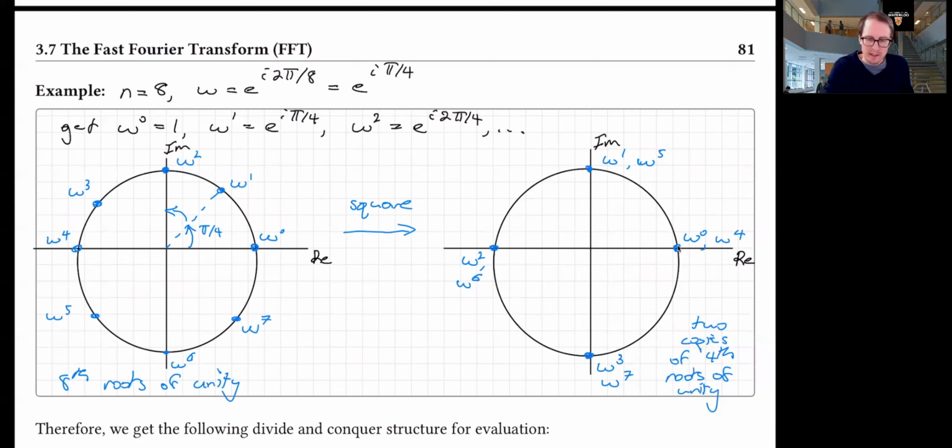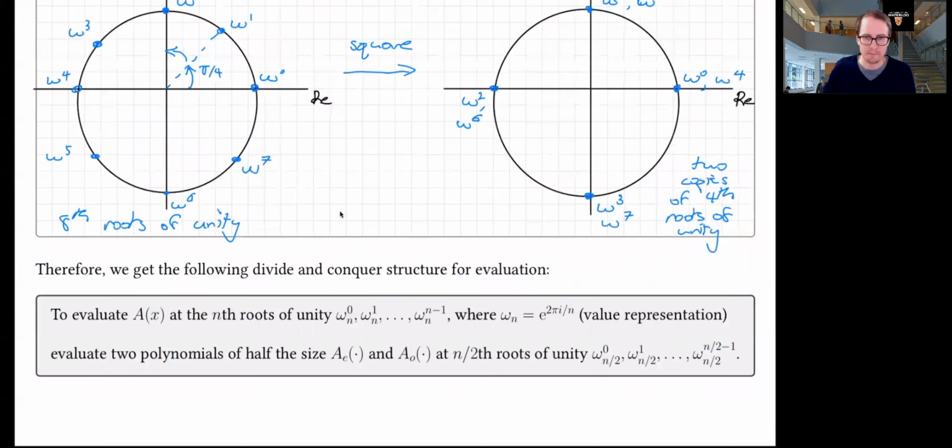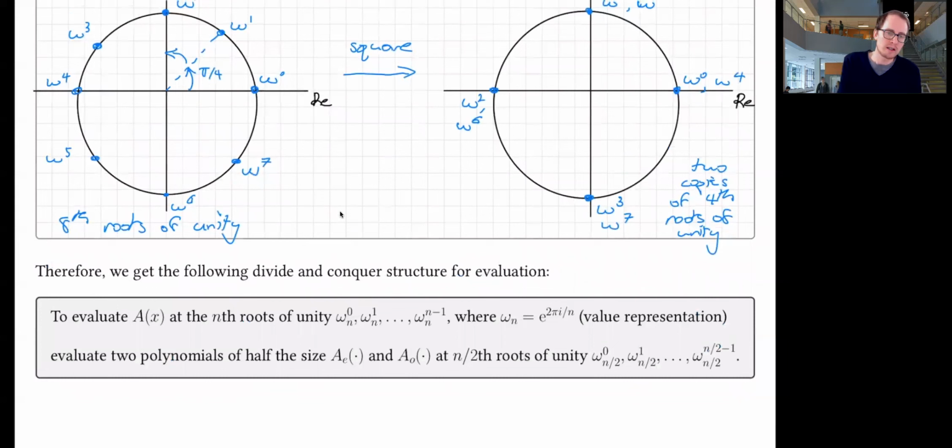And so with this, we get the following divide and conquer structure for evaluation, which is to evaluate A of x at the nth roots of unity, omega_n to the 0 up to omega_n to the n minus 1. We instead evaluate 2 polynomials of half the size, A even and A odd, at the n over 2th roots of unity.